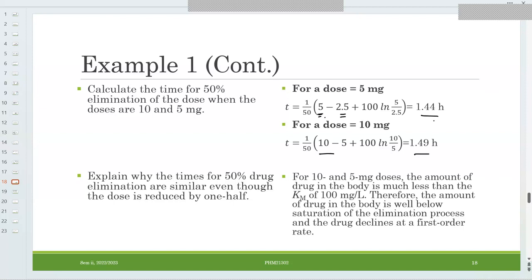You can see here that the amounts are very near to each other. Why is there no big difference with the change in the amount here? Because as we said at the beginning, it is linear pharmacokinetics, and then it will deviate. So before the saturation point, at low doses and low concentrations, there will not be much change in the value of pharmacokinetic parameters.